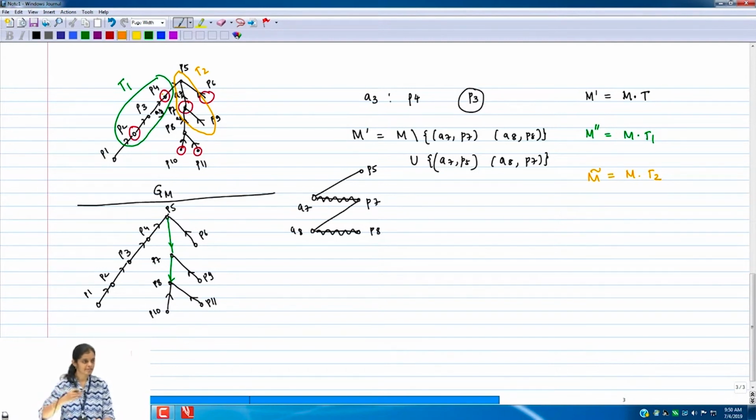Because unless you have something to start your changes, you cannot start your changes at a post which is already filled. So you cannot take the applicant who is matched to P3 and match him to P4 because P4 is already occupied by A4. So unless you move A4 out, you cannot start that path. Okay, this is one issue with the path. So what is the way to correct this path? Include P5, right? Include that P5.